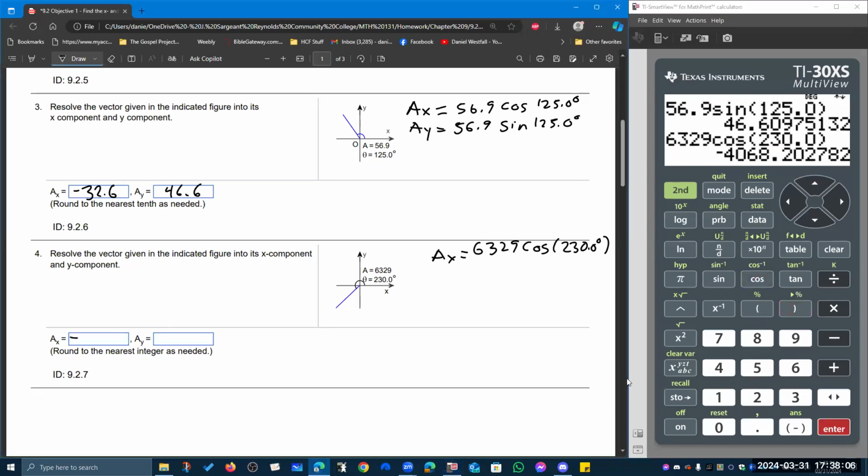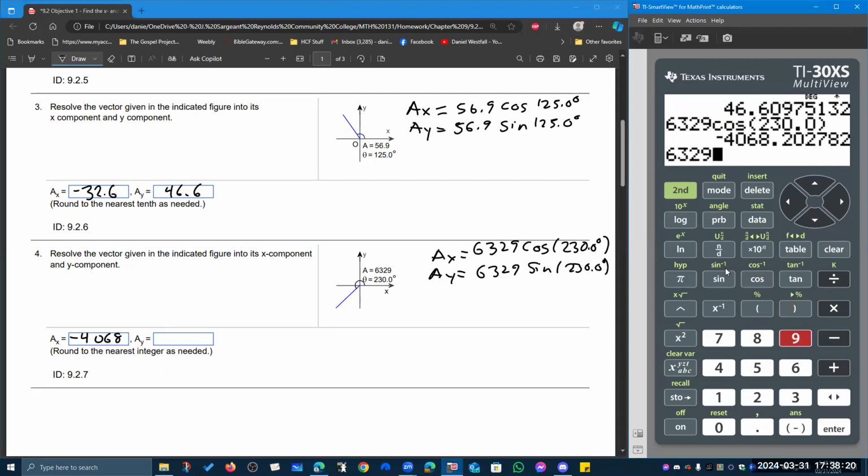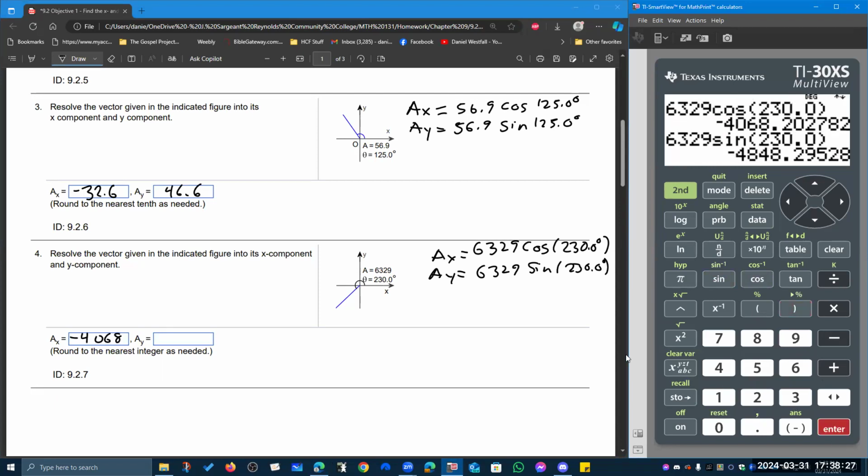So this is going to be negative 4068. And a sub y is going to be 6329 sine of 230.0 degrees. Again, to the nearest integer, it is negative 4848.